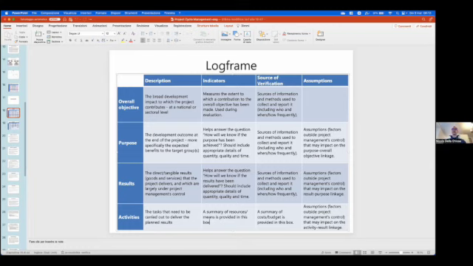The next column is the source of verification column, and this is exactly the way we indicate for each level where we are going to source the information to measure the results and the objectives with our indicators. So where are we going to get that information?